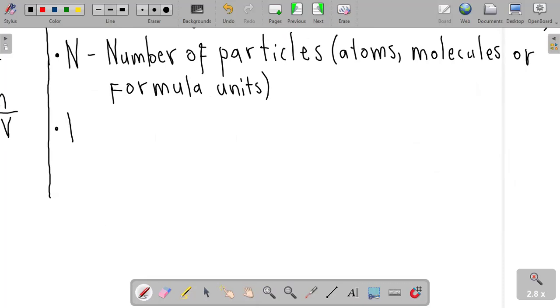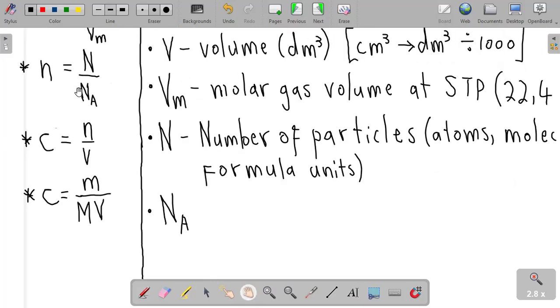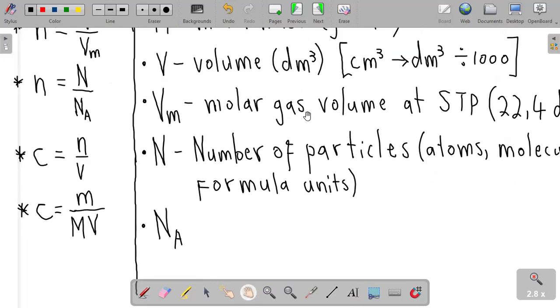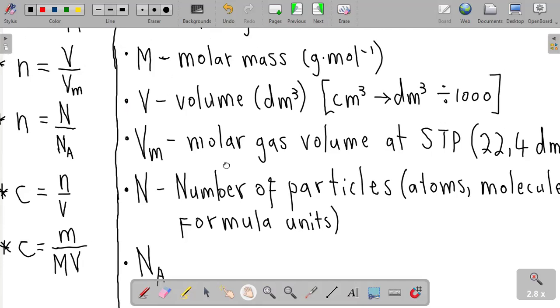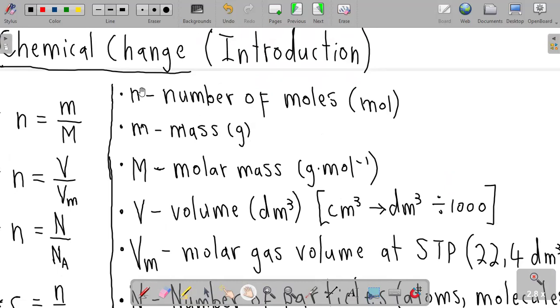And then Na, okay. So this is the number below the N here. Guys, you see, this is the distinction you make here. The distinction between the capital letter N and the small letter n. The small letter n here is the number of moles, isn't it?